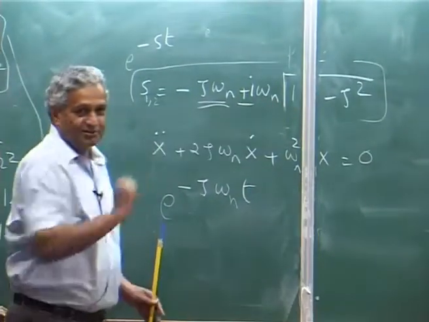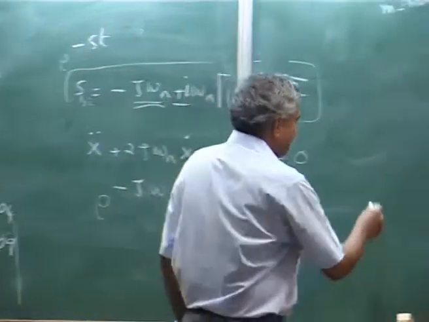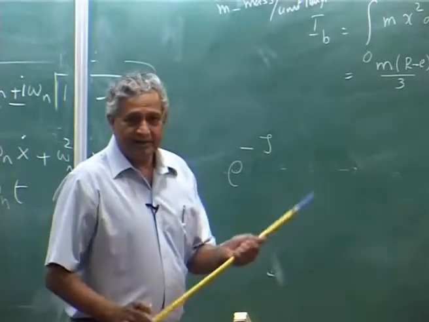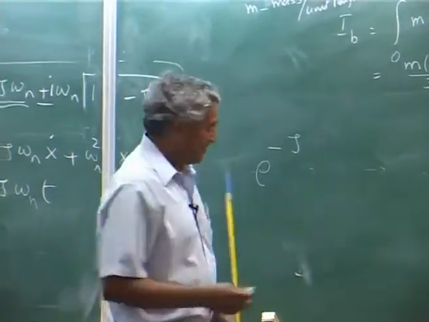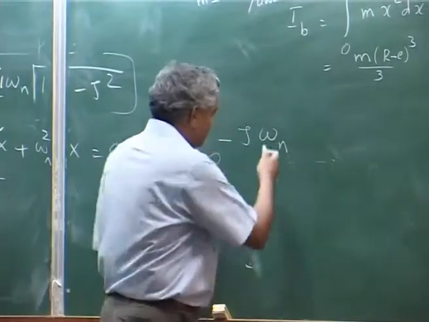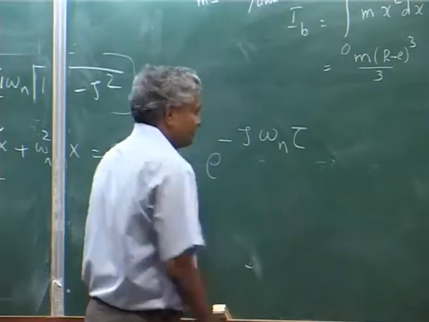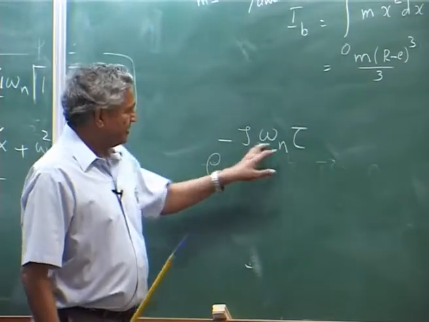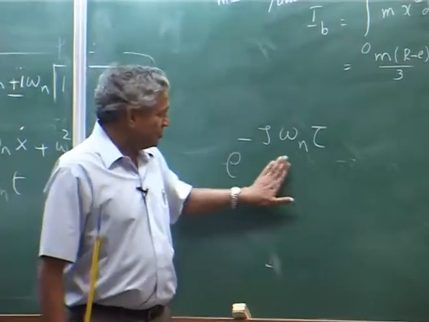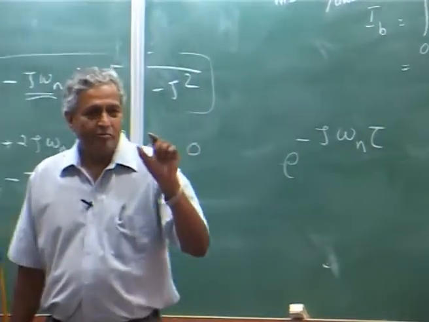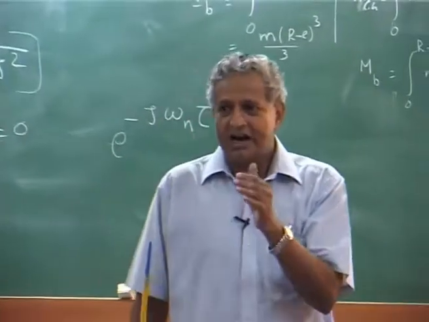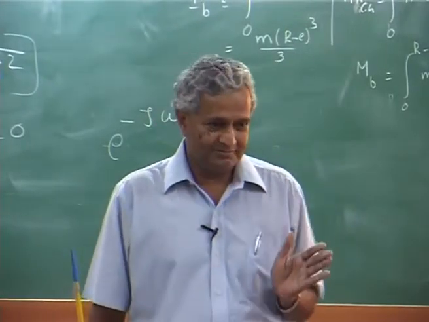You correspondingly take it to this side, you will see e to the power minus zeta omega n tau. Omega n is our natural frequency, but since we are dealing with non-dimensional everything, this is also non-dimensional, so I will put a term tau. Usually what they do is take how much time it takes to decay to half the amplitude.